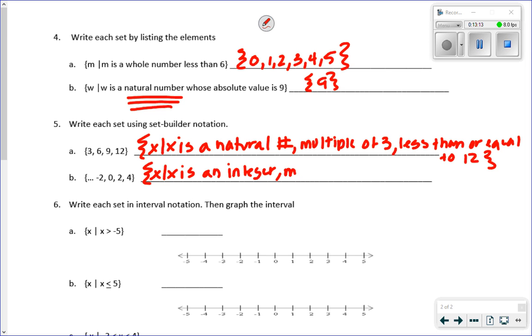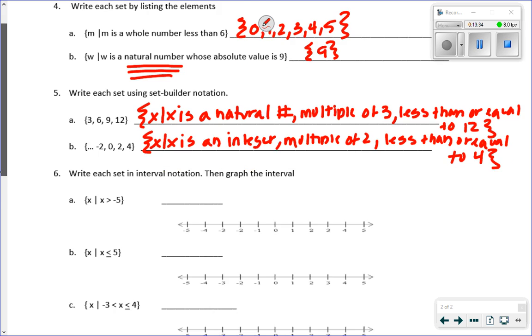Well, it's a multiple of 2. And it only goes on forever in the negative direction, so that means we've got to make a stopping point. So we need to say less than or equal to 4. Okay, so those are done.